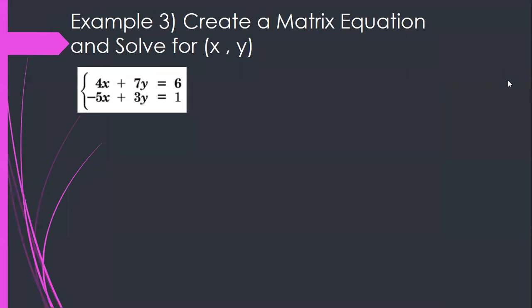All right, so here's our first example. We have the system 4x plus 7y equals 6 and negative 5x plus 3y equals 1. We're going to turn it into a matrix equation and solve for x and y.